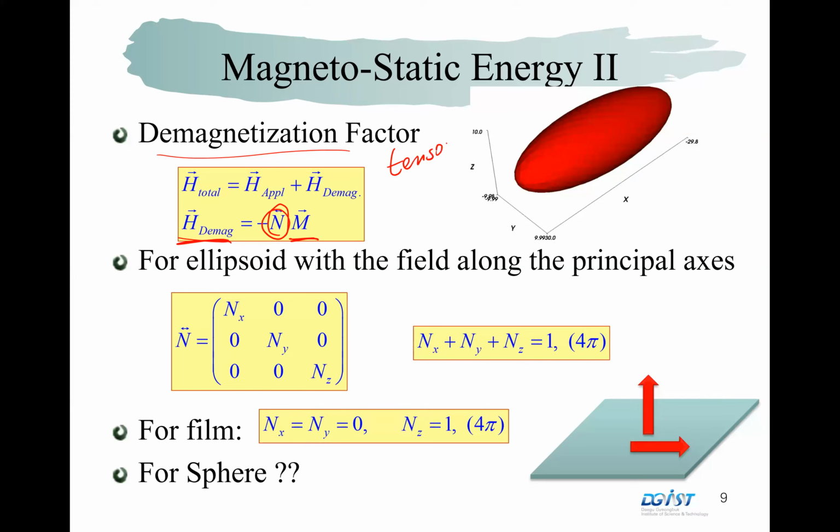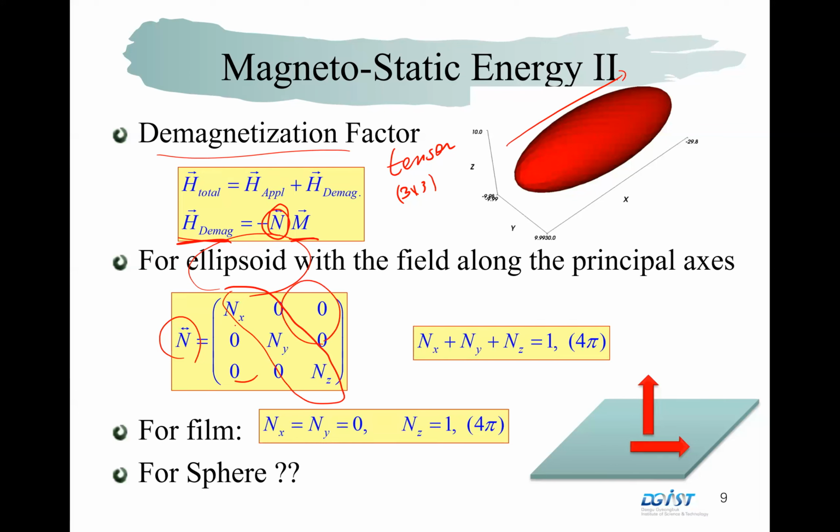It is a second-rank tensor, so it is generally formed as a 3 by 3 matrix. Okay. Why the ellipsoid shape? If we assume an ellipsoidal shape, and if we apply the magnetic field parallel to the principal axis of the ellipsoid, we can diagonalize this demagnetization tensor into this simple form.